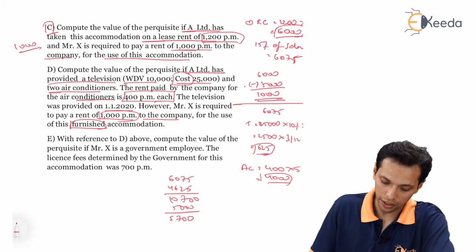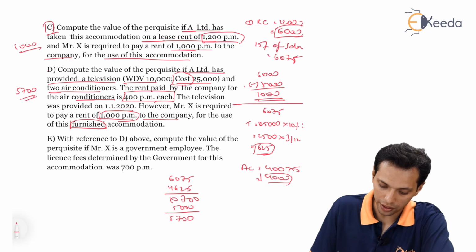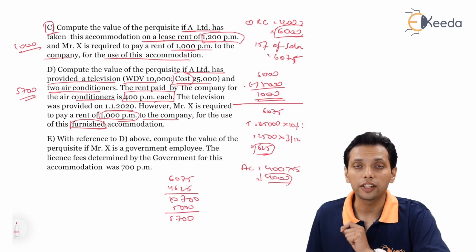So for part D we have the solution as 5700 is the taxable perquisite in the hands of the employee.